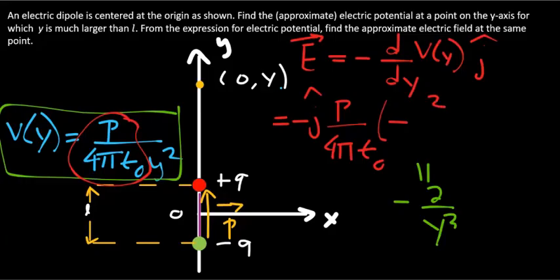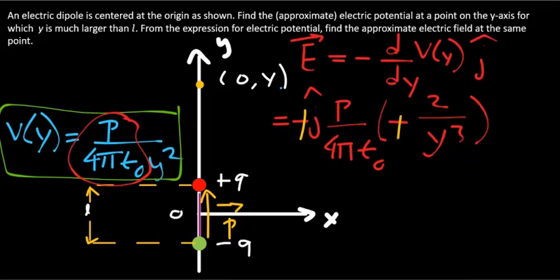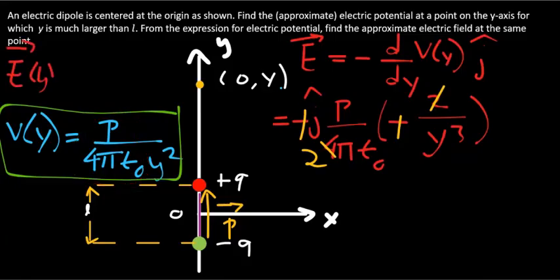Minus 2 over y cubed. This minus will kill this minus. This 2 will make the 4 in the denominator to be 2. And we have an expression for the electric field at that point. Namely, it is P over 2 pi epsilon naught y cubed.